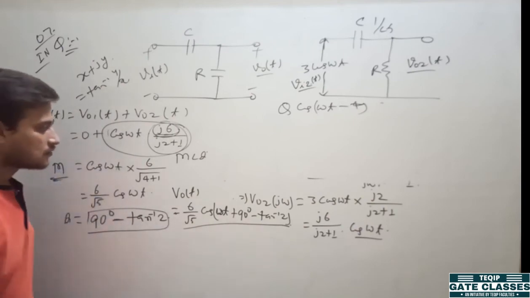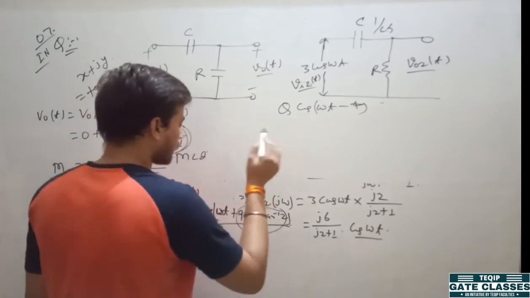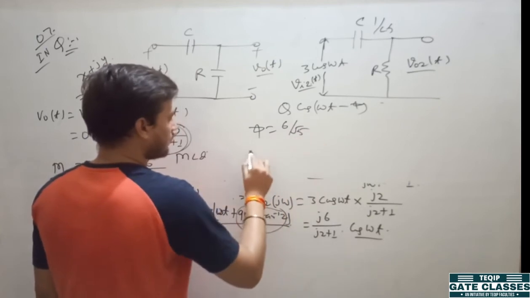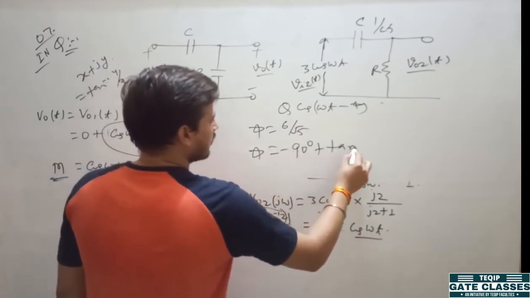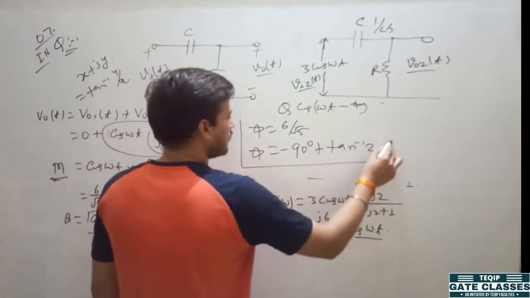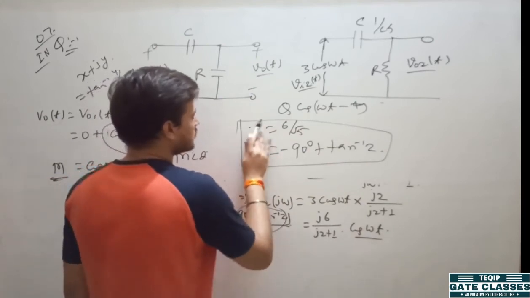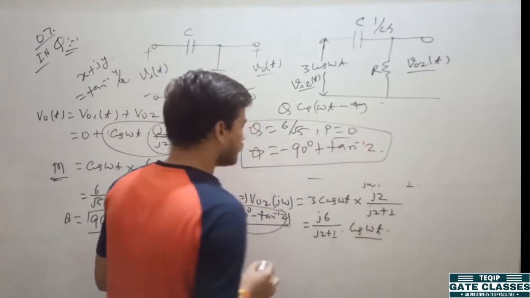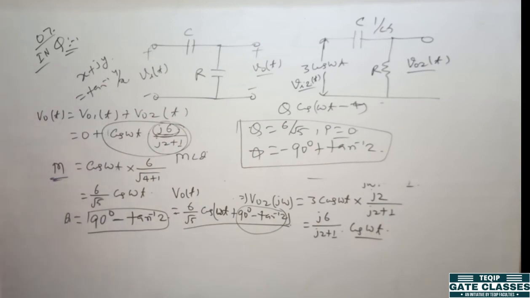So if you are taking the minus of this, you can say q is equal to 6 by root 5 and phi is equal to minus 90 degree plus tan inverse 2. This is the value of phi, this is the value of q, and P is equal to 0. The question was not difficult.